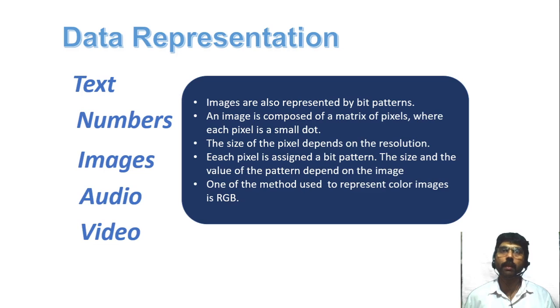If we are using black and white pictures, the bit pattern needed for a pixel is 1 bit: one for storing white and another for storing black. As the number of colors increases, the bit pattern used in a pixel increases and the size of the image also increases.